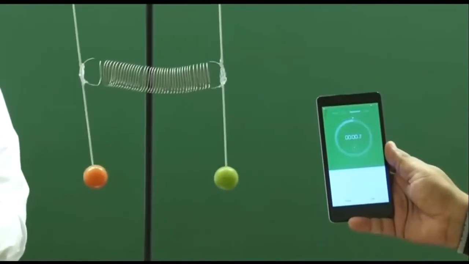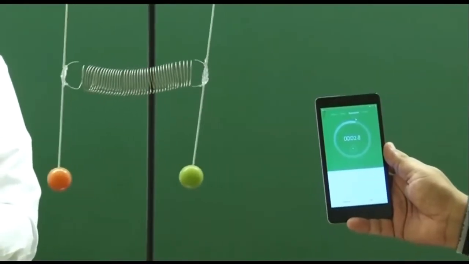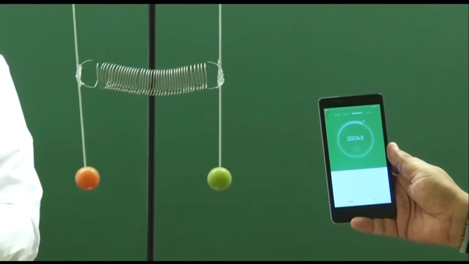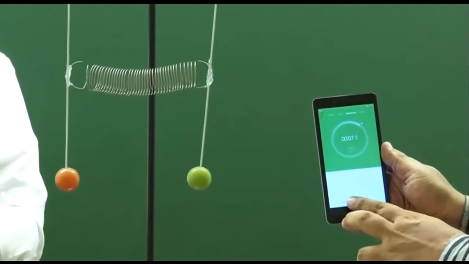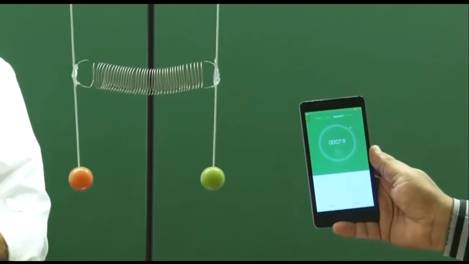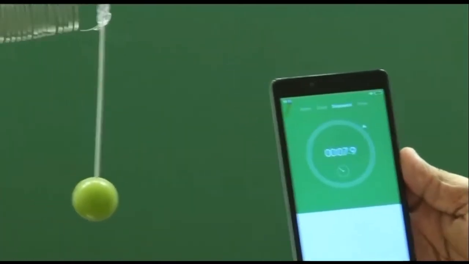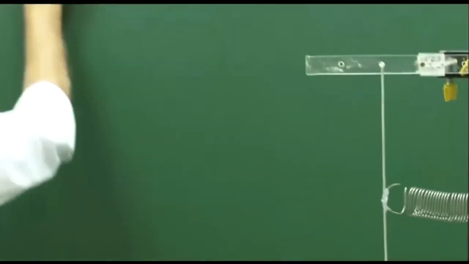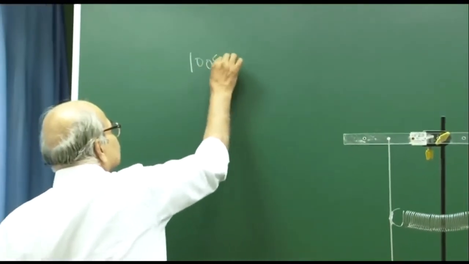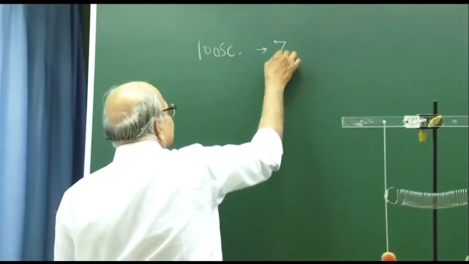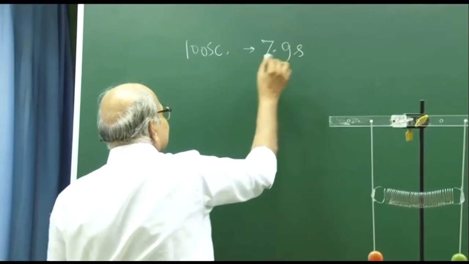Start. Okay, what is the time? 7.97. All right, so the time for 10 oscillations is 7.9 seconds.